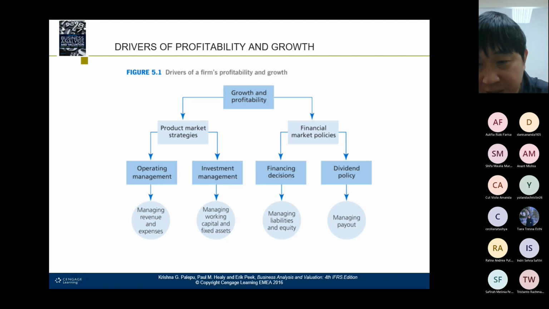Sometimes we have to balance between what we have and what we get from the financial markets.